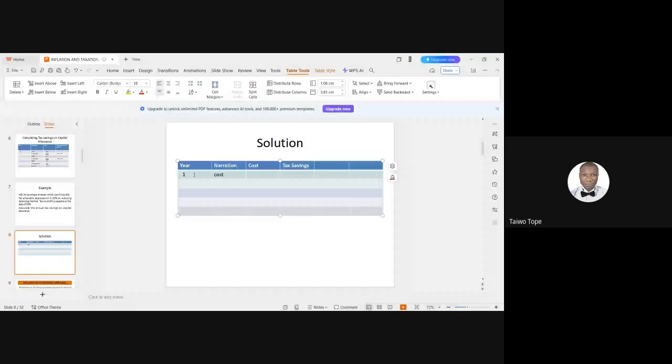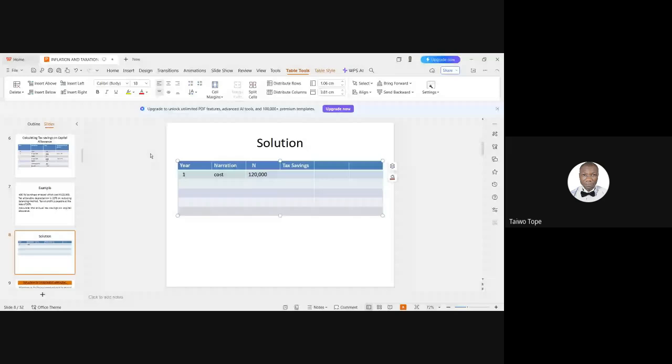And so the narration is cost, right? What is the cost? 120,000 naira. So we have it as 120. Now, your capital allowance.